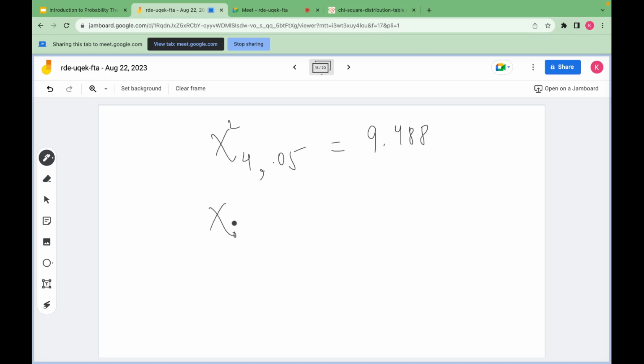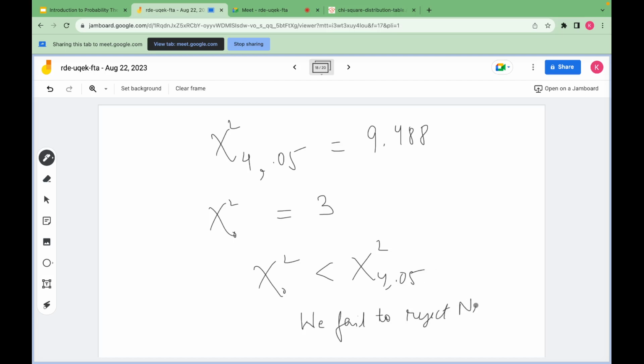And our D naught square from the test statistic came out to be 3. So as this is less than this value, we fail to reject the null hypothesis.